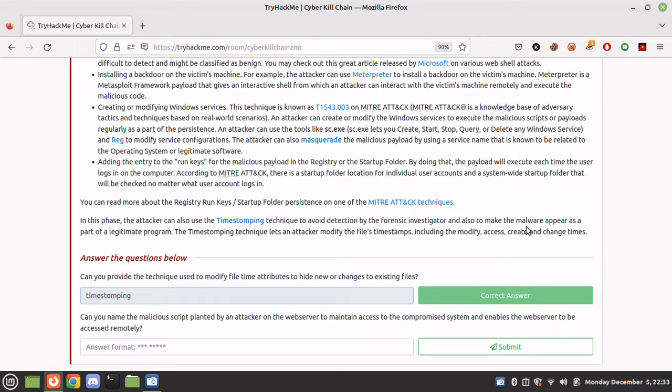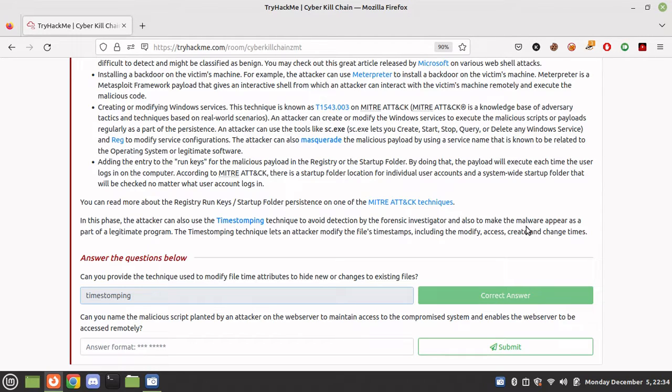When you modify a file, the file gets updated and says this file was modified at this time. If you can change that, you can escape forensics, because they won't know that this file was modified. You can set the original date from when it was not modified, so they will never know that you modified it.